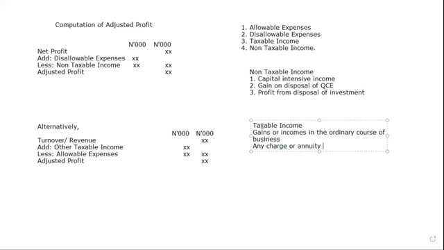You have also dividend, interest, or discount. But we need to look at the complexity of dividend, because the law provides that withholding tax on dividend shall be the final tax on dividend. So those are examples of non-taxable income and taxable income.